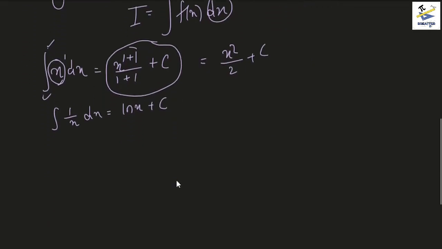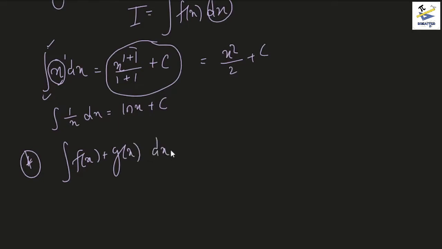Okay, so we do know about these basic differentiations, and let me now iterate some of the facts. Integration of f of x plus g of x dx. When there are two functions added, we can write them as integration of f x dx plus or minus integration of g of x dx; it works even for minus.